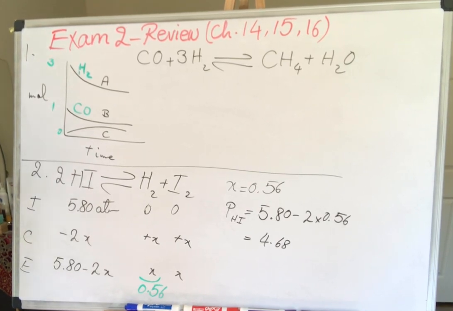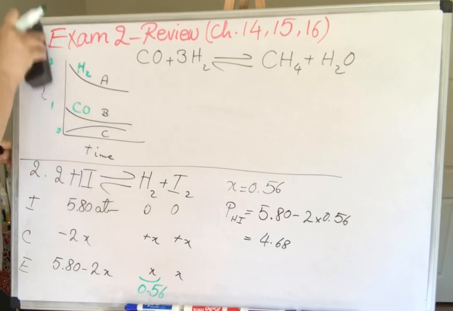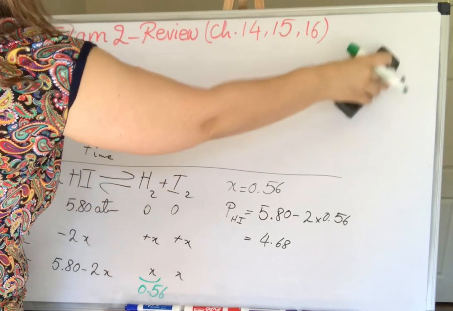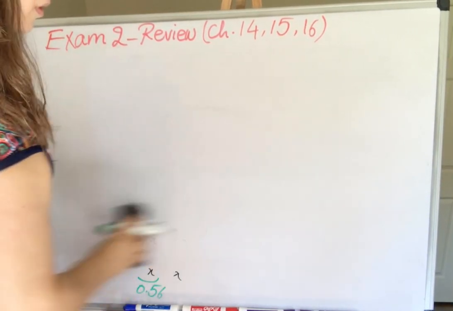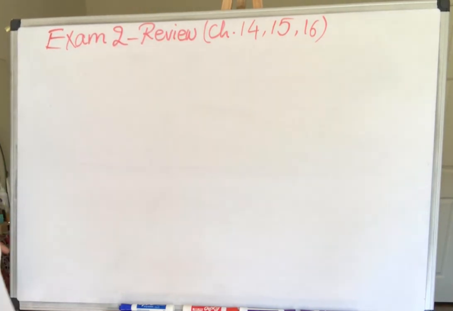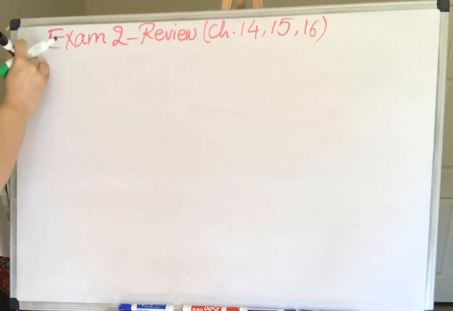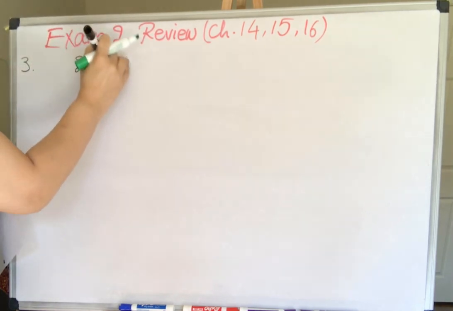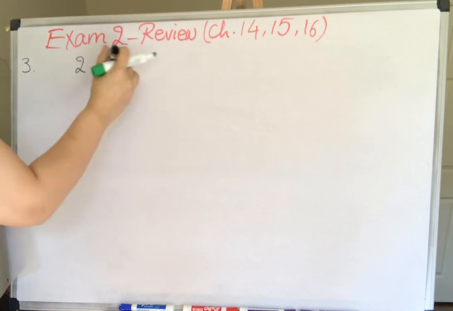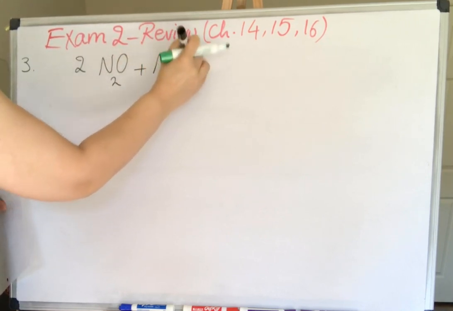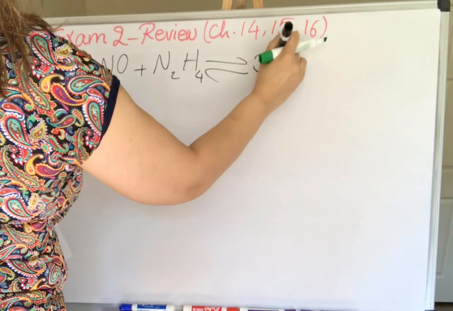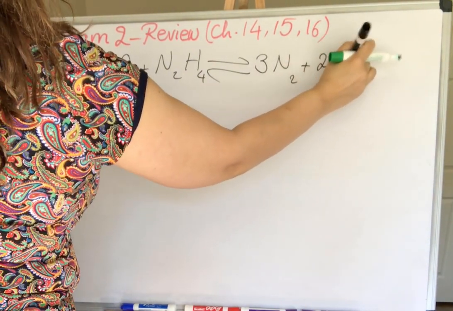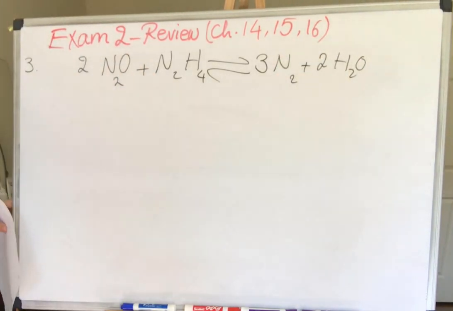Question number 3. These are all equilibrium questions, so they need a similar procedure. Question number 3 gives you another equilibrium equation: 2NO plus N2H4 is going to give 3N2 plus 2 water molecules.